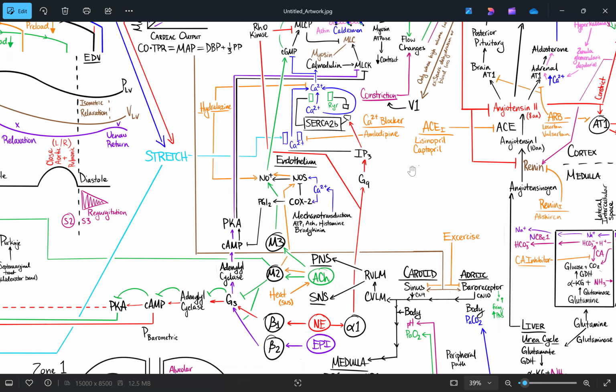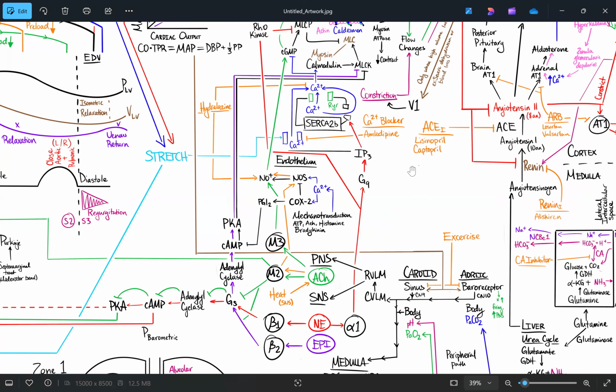And again, cGMP, give up, don't contract. But the interesting exception is that heat, which is a sympathetic reflex, will go through kind of the sympathetic pathway. It'll go to ACh to M2, which will stimulate NOS, or nitric oxide synthase, which will increase your NO and therefore more relaxation.